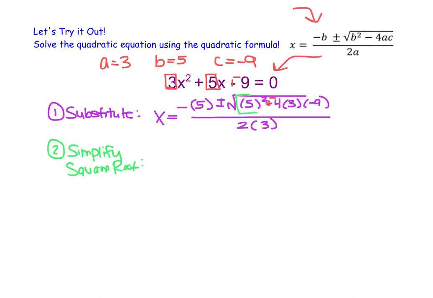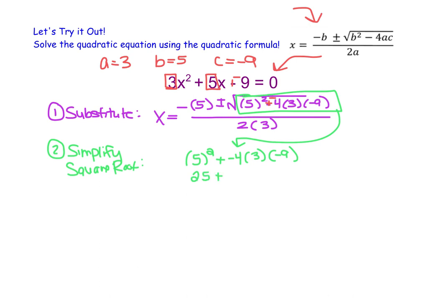So I'm going to focus on right here. That portion right here, I'm just going to focus on simplifying. So here I have 5 squared, and then I have plus a negative 4 times 3 times negative 9. Using the order of operations, I would do the squared first, which is 25.